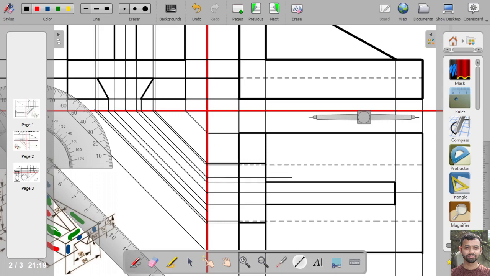Then we will draw horizontal line from these points. Okay. Similarly, we will draw horizontal line here also. Okay. Now we will make this portion as hidden portion.